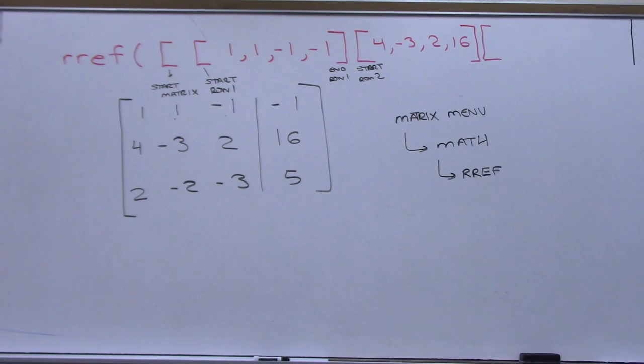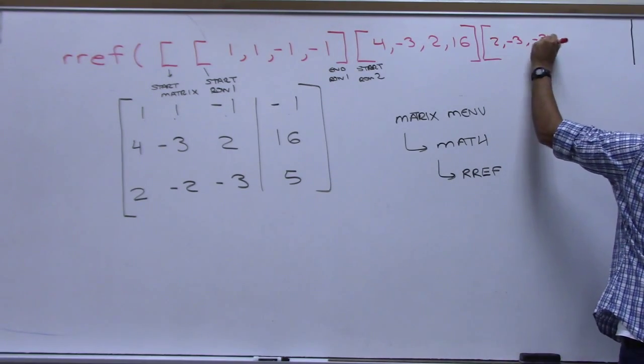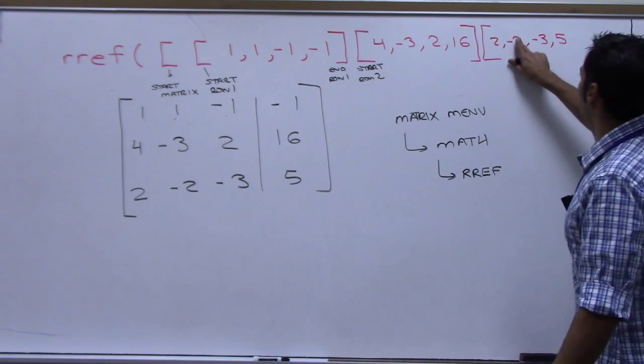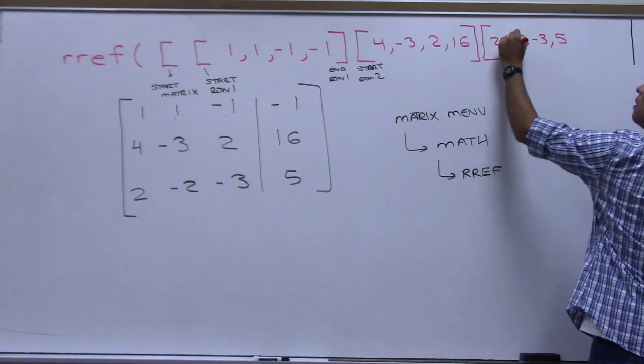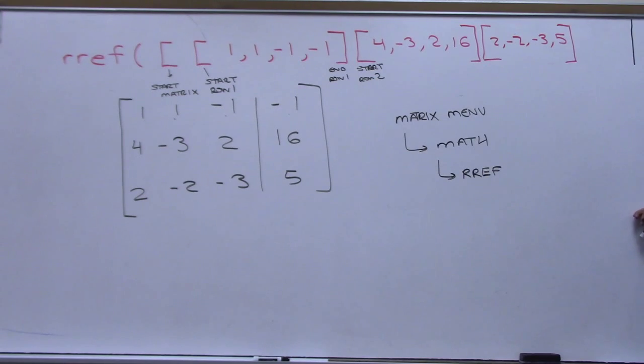Then the third row. 2, negative 3, negative 3, 5. Pardon? Oh, negative 2, yes. Thank you. Negative 2 there. Close bracket, ending the third row. Close bracket, ending the matrix.